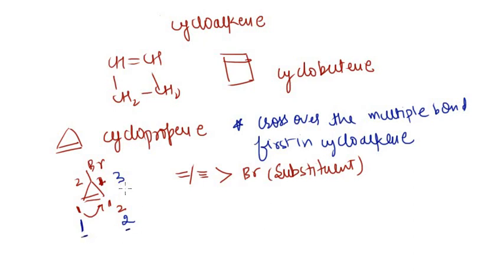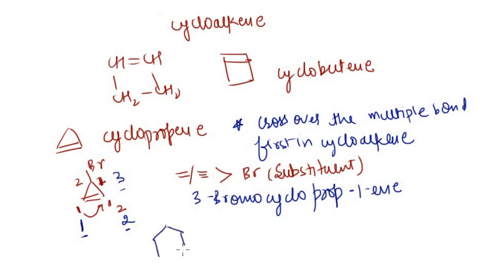So 1 2 3, the naming will be 3 bromo cyclo, 2 degree substituent, 1 degree substituent, 2 degree prefix, 1 degree prefix, then prop 1 ene, prop 1 ene, right? Now if I draw another compound like this, 1 2 3 4 5 6.